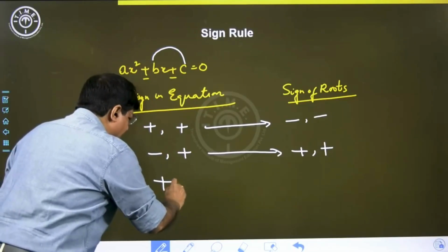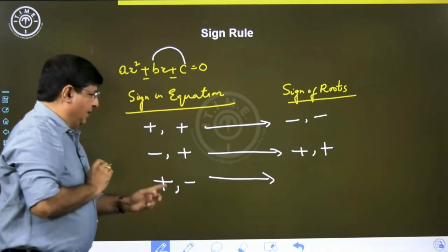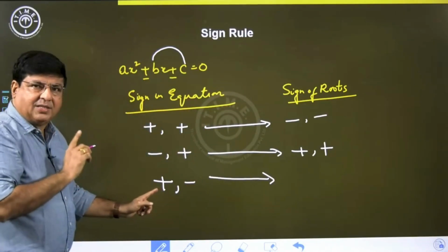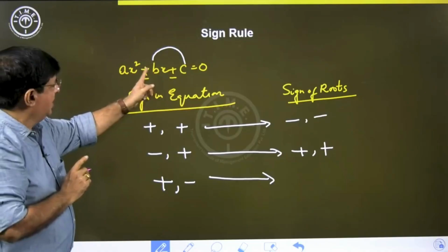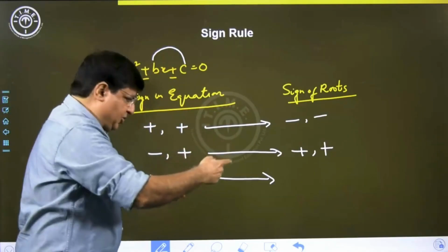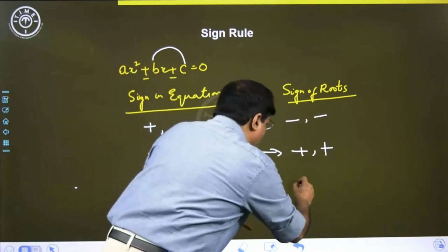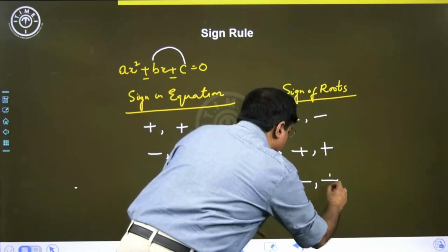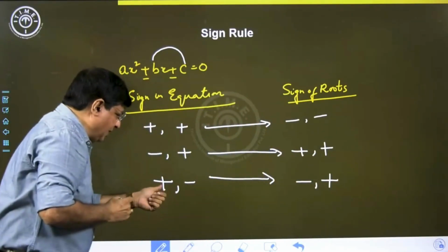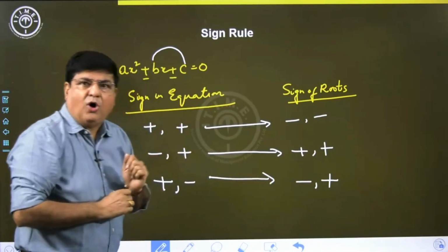The sign in the equation are plus and minus, that is B is plus and C is minus. The sign of the roots will be opposite. You have a plus and minus here, there you will get minus and plus. There is a plus here, the first root will be minus and both the roots will be of opposite sign.